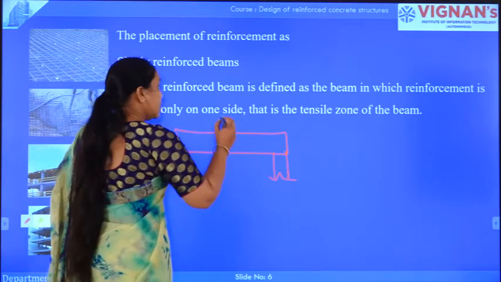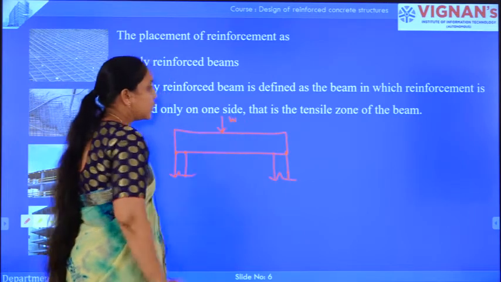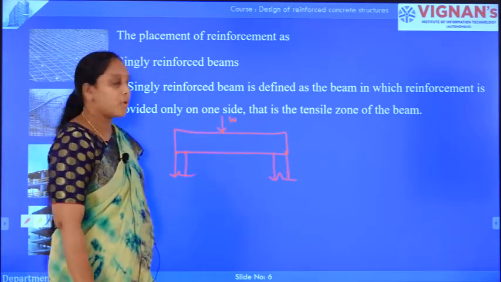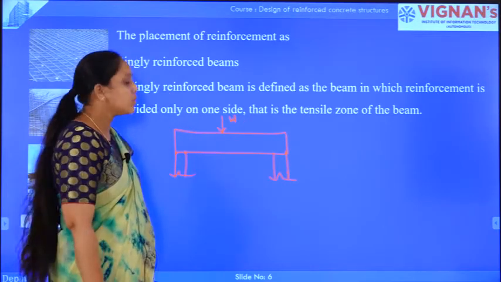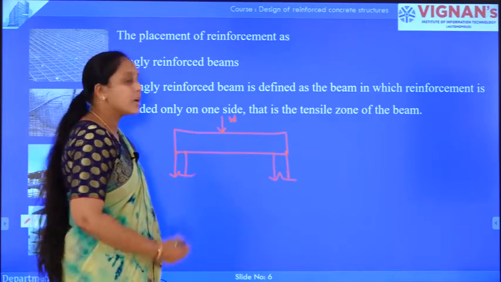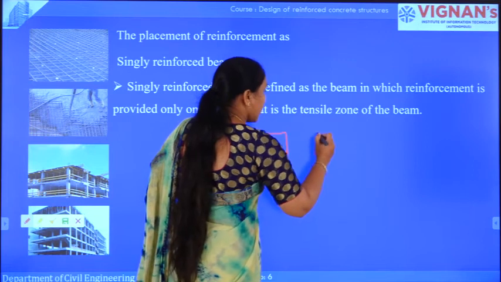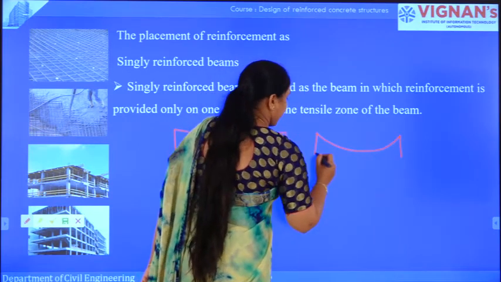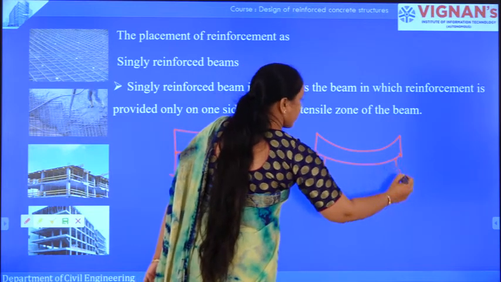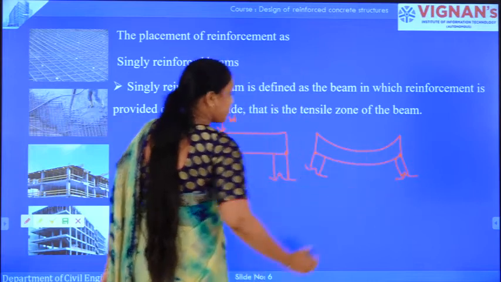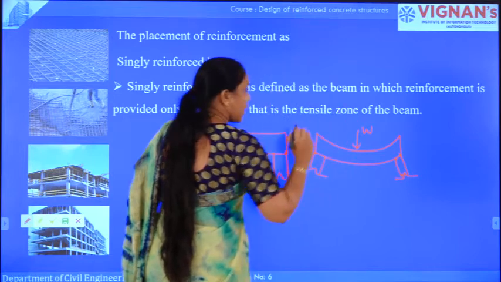If some load W is acting on this simply supported beam, what will happen to it? Due to the load W, the beam is going to bend. The beam is going to bend like this due to the action of the load.